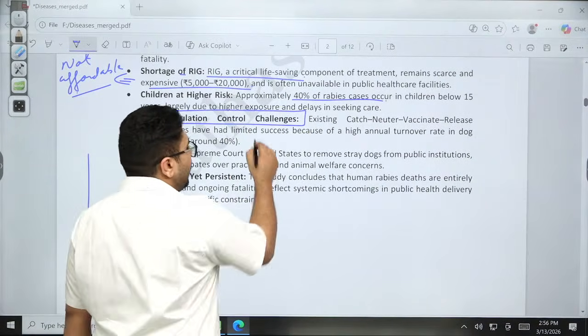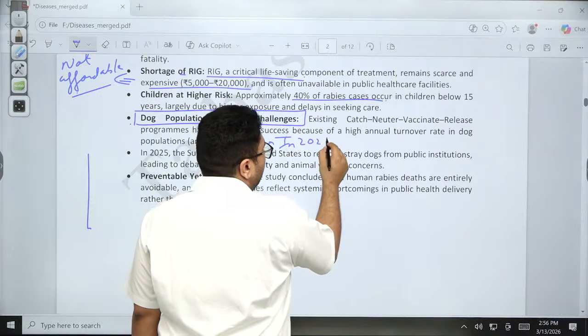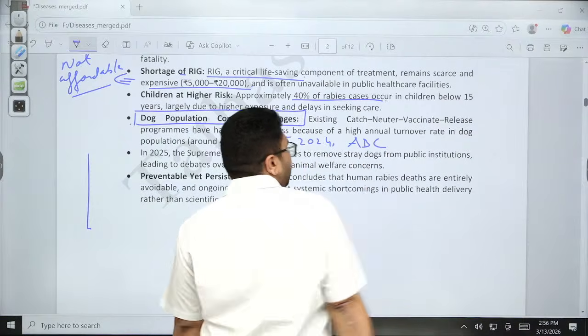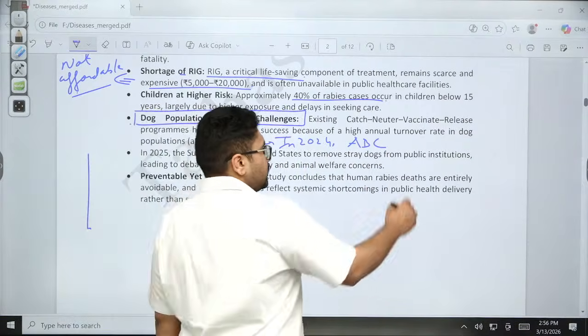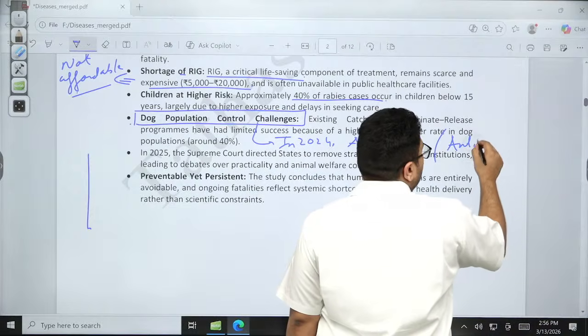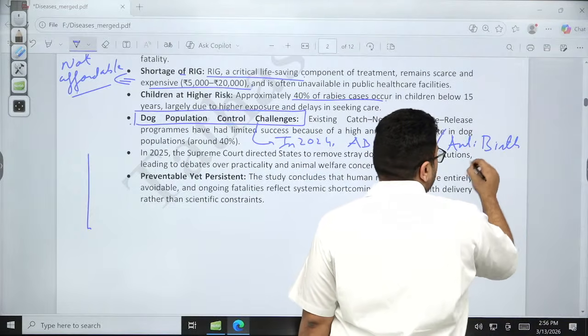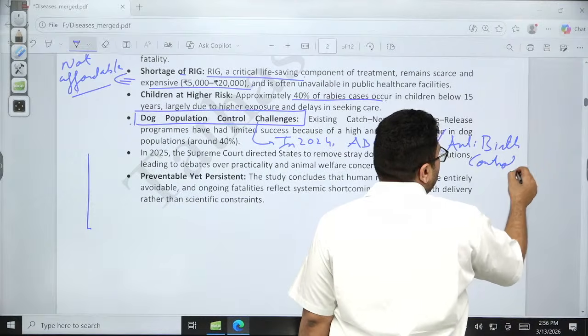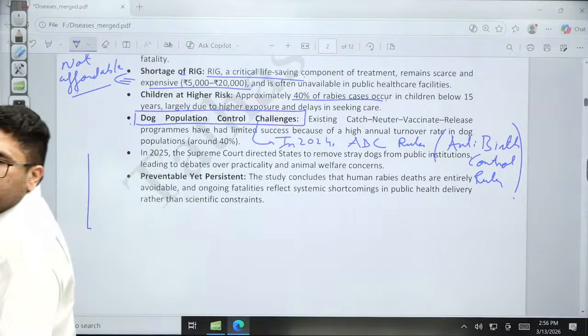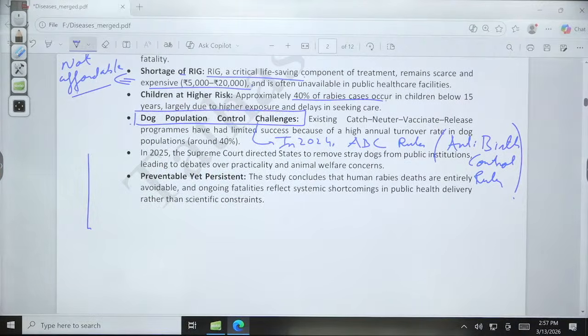In 2024, the Government of India launched something known as ABC rules. So anti-birth control rules were framed, in which the stray dogs, male and female, will be neutered, and they will be biologically prevented from reproducing new offspring.